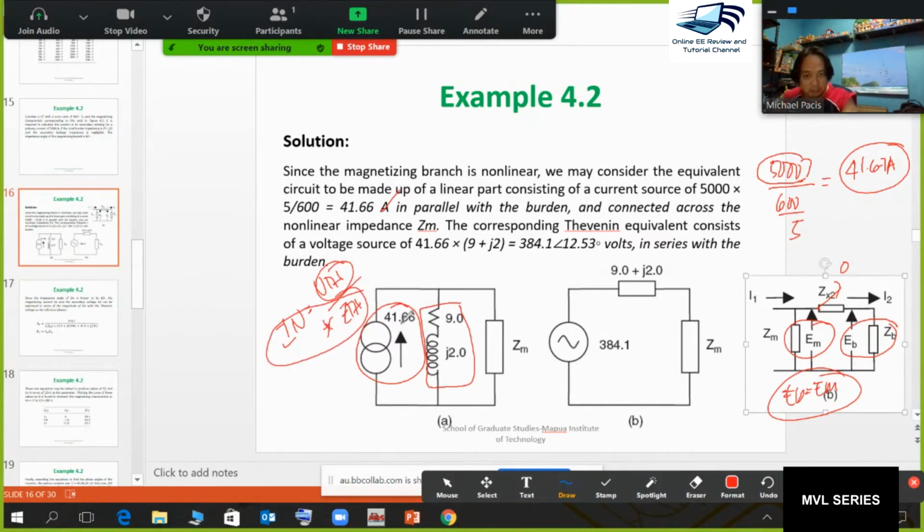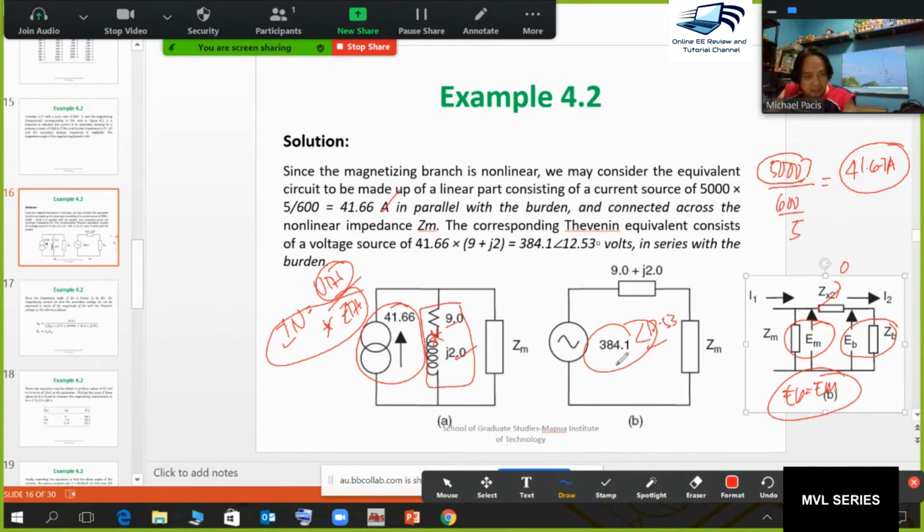Now your IN is 41.66 multiplied by 9 plus j2. The answer is 384.1. If I'm not mistaken, the angle of that is 12.53.